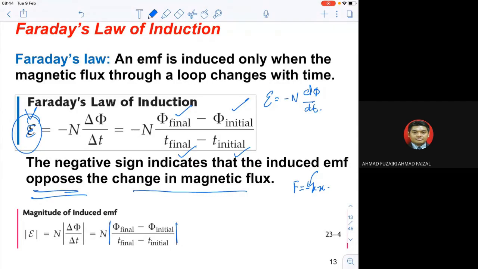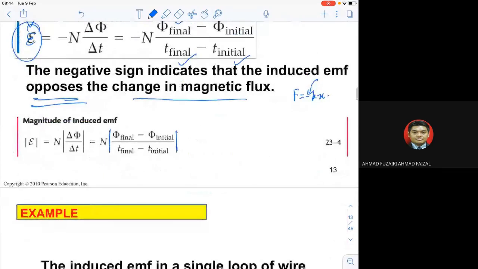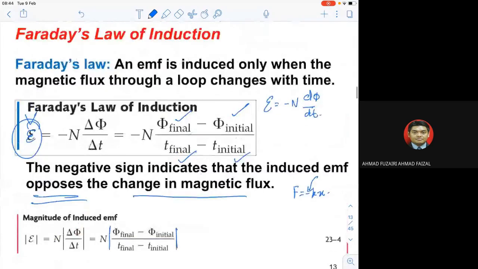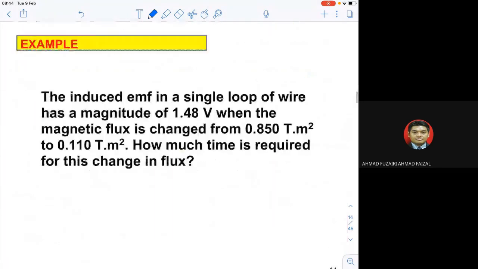So the value should always be positive. But if you want to look further at what the negative sign in the induced EMF is all about, I'll show you later in Lenz's law, because the negative part in Faraday's law of induction can be explained using Lenz's law.